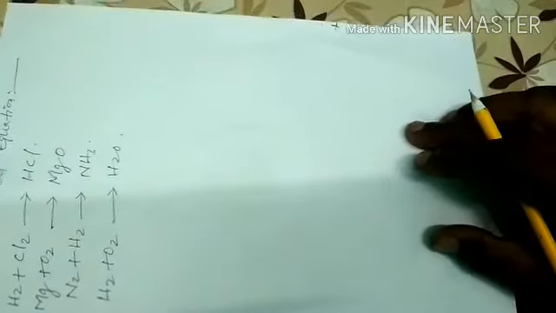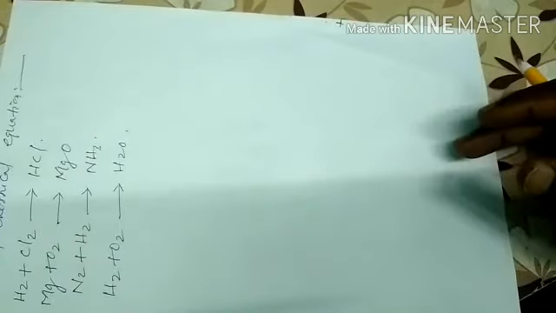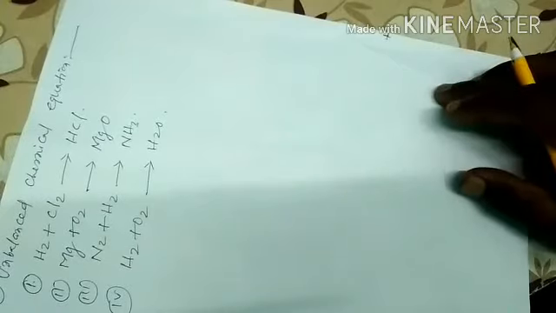Students, as we know, any equation is formed with the help of two species. First, reactant, and the second is product. Before defining the second type of chemical equation, we must know about these two species, reactant as well as product.